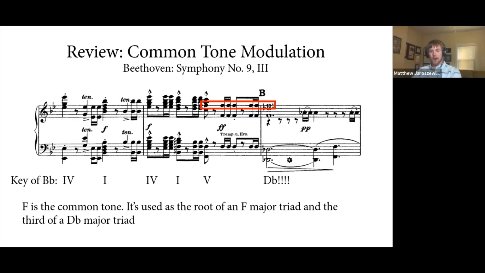So F holds over. We finish on an F major triad, the 5 chord of B flat. F holds over, and we go to D flat major. Lovely way to modulate. Less common, but it always creates a beautiful moment when it happens.